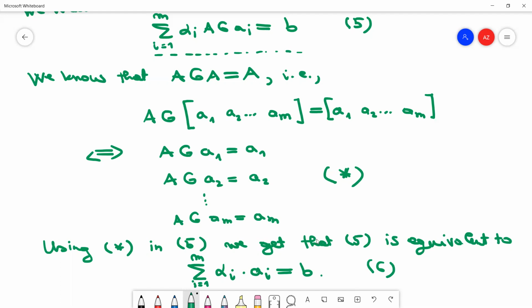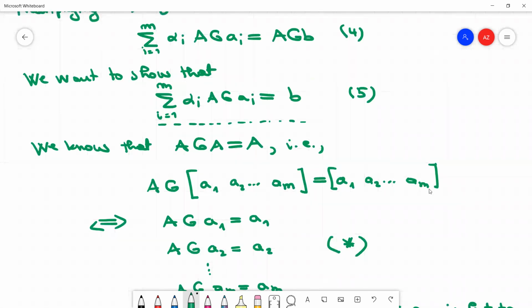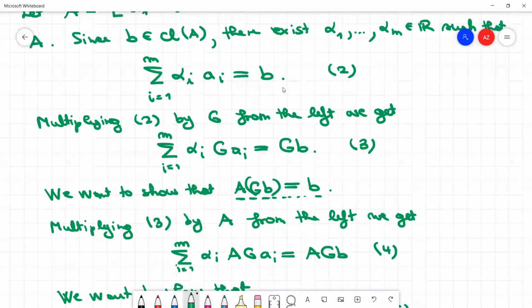Do we maybe know that 6 is true from somewhere else? 6 is the same equation that we had as 2. Yes, that's true. So we started with 2, which is true.